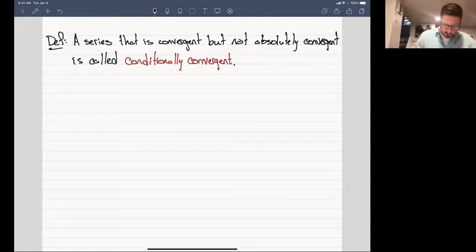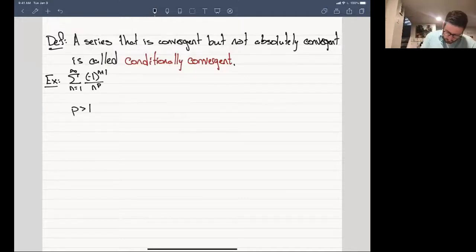In fact, we can take this even further. Let's look at all of these alternating p-series. Okay, so there are two cases here, right? If p is bigger than 1, then these things are absolutely convergent. We've talked about these quite a bit.